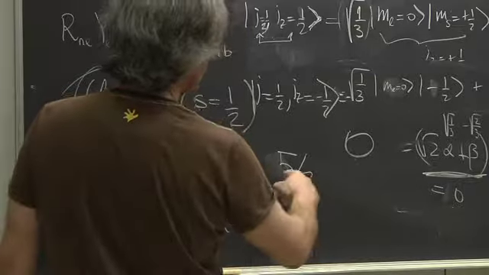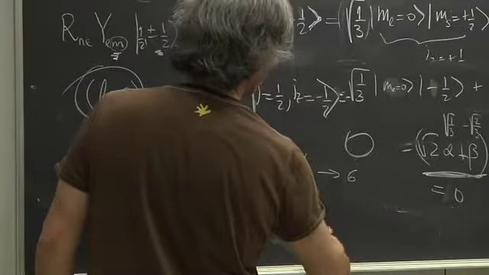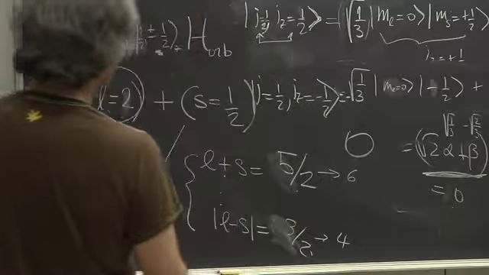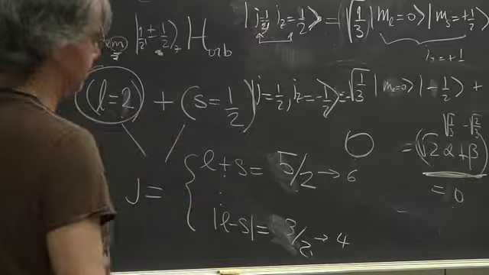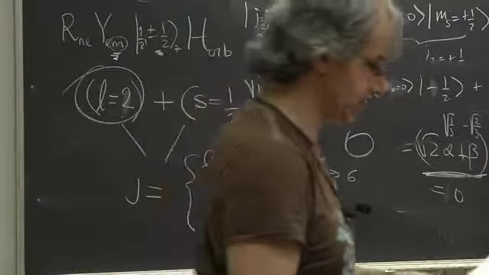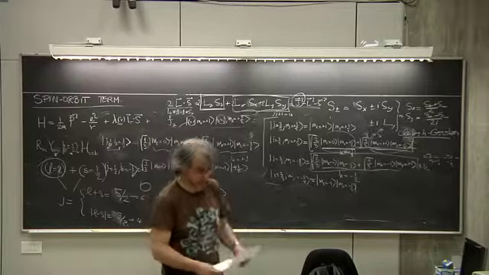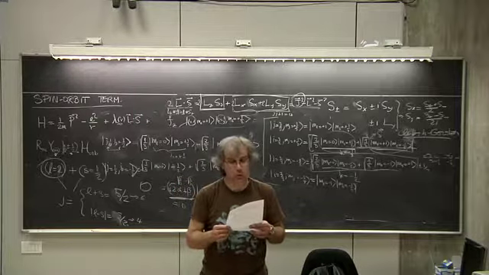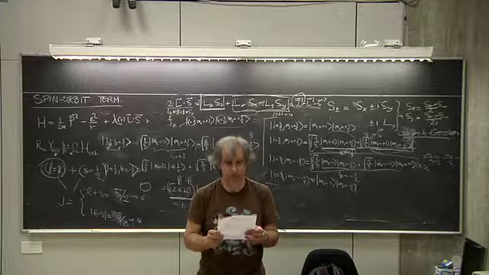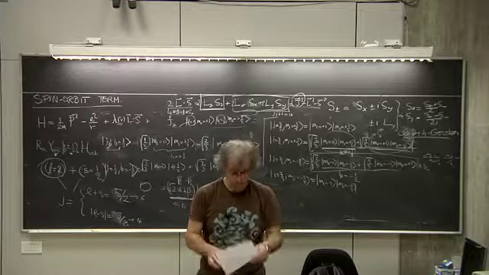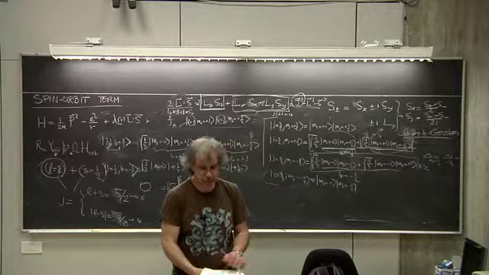These are 6 states, and these are 4 states, and these are 5, and these are 2, so total 10. All right. So try to do this, and this is more than enough, I think, to grasp addition of angular momentum. So I'll see you tomorrow.